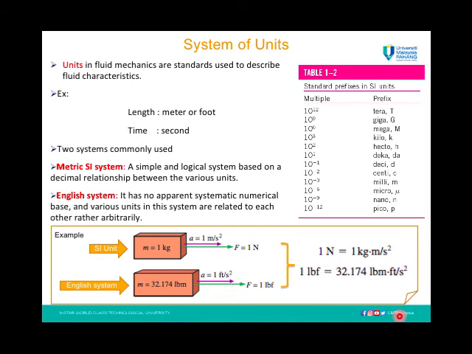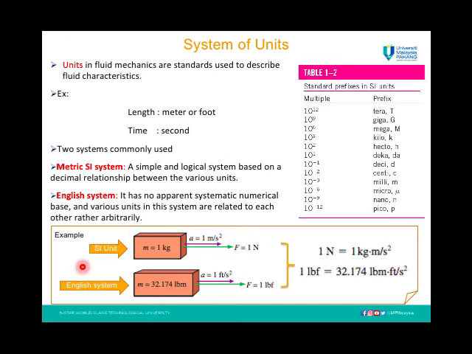For example, in the English system, force is often considered to be one of the primary dimensions, and it is assigned as a non-derived unit. This may cause confusion and error as it requires the use of a dimensional constant in many formulas. To avoid this inconvenience, we consider force to be a secondary dimension whose unit is derived from Newton's second law.